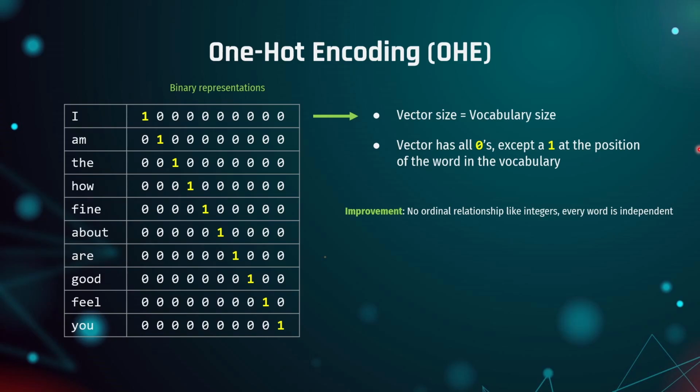Every word is now independent, they have their independent binary vector representation, right? So you can't say I হচ্ছে first, am হচ্ছে second, the হচ্ছে third, right? সেই ordinal relationshipটা এখন আর নেই, we removed that relationship. So আমাদের model should not get confused, right?